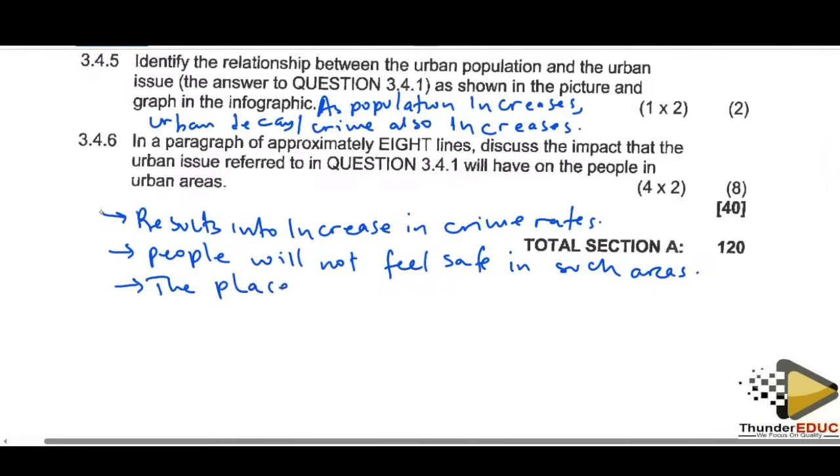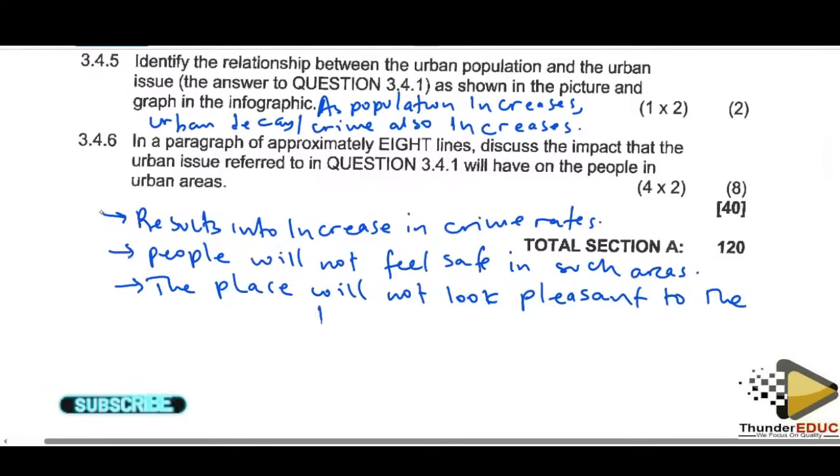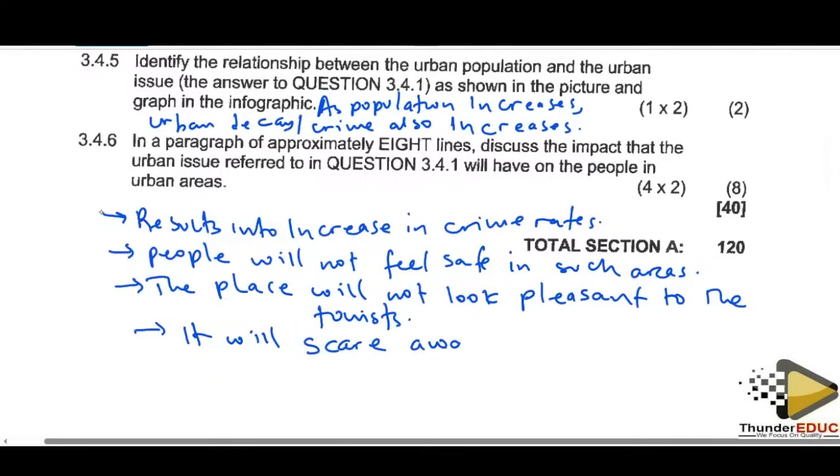The place will not look pleasant to the tourists. It will scare away business investors.